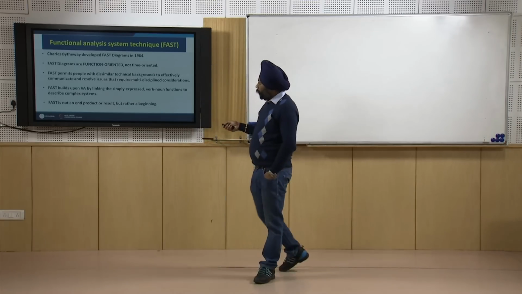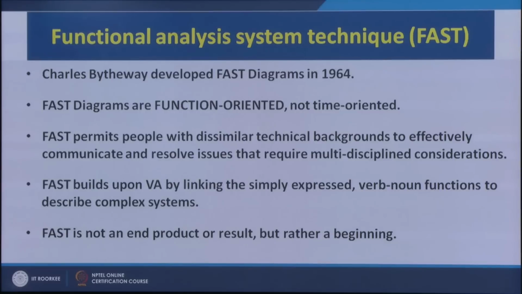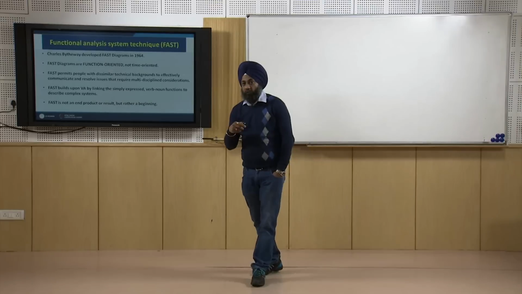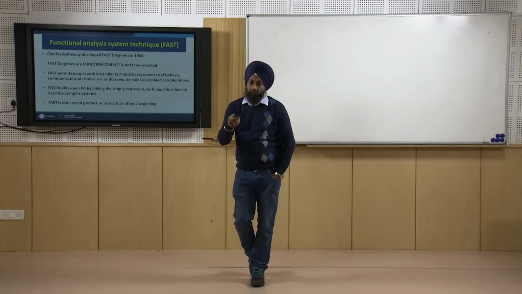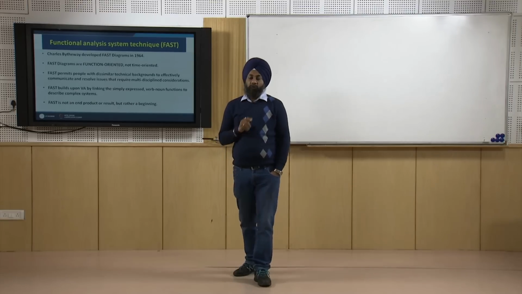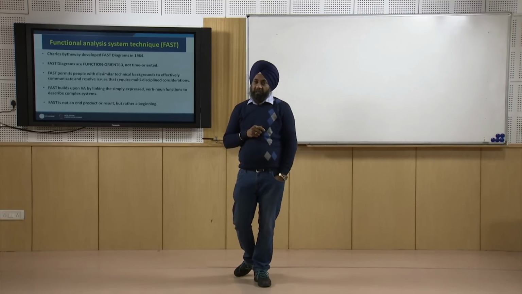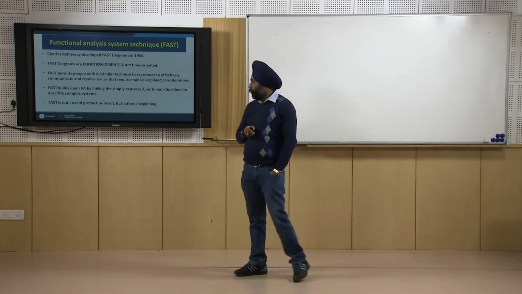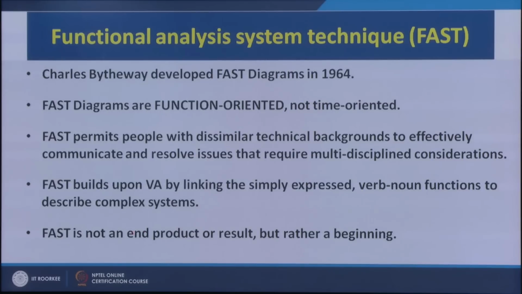So FAST will break down the complex system into smaller elements which are easier to analyze. We will see a FAST diagram with the help of one or two examples, and then it will become absolutely clear how a FAST diagram would look like and what type of decisions we can take based on the FAST diagramming approach. Now you can see FAST is not an end product or result, but rather a beginning.